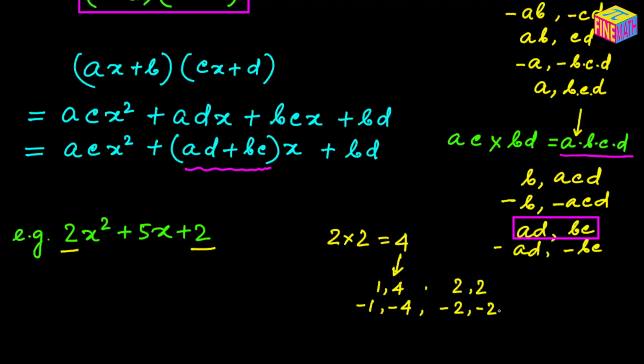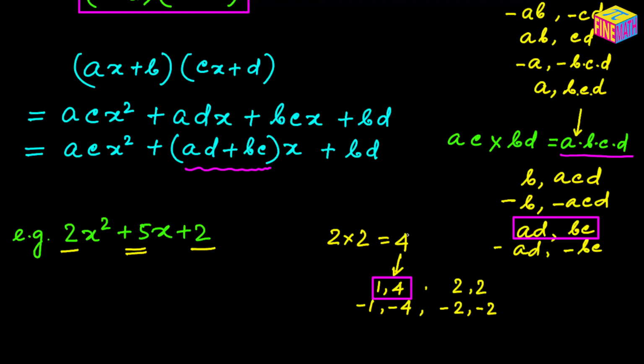Now from these combinations we have to pick a pair of factors whose algebraic sum would be equal to positive 5. And I think you can already see that this should be the pair that we want to go with, that will give us a positive 5 when we add the factors. And what are those factors? Well, those are actually the factors of positive 4. And what is positive 4?